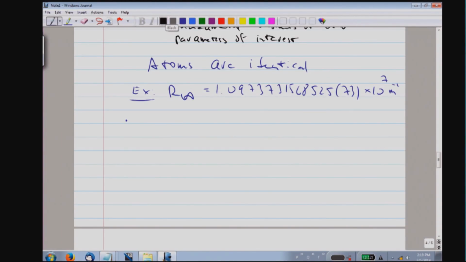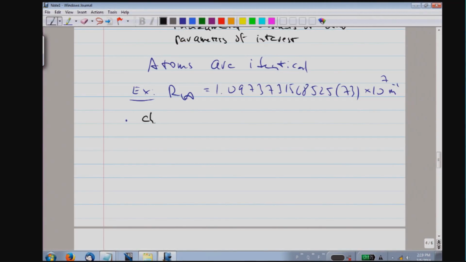And let me just give you one example. If you measure the Rydberg constant very precisely, you can now, and this has become a frontier of our field, ask the question, is there a change with time of fundamental constants?